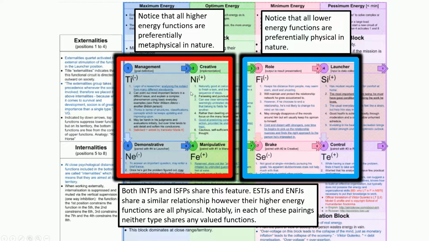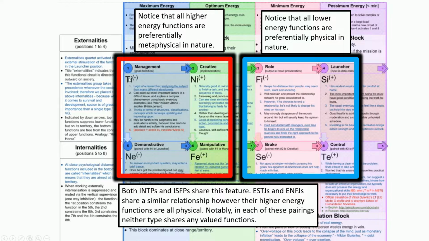And you'll notice that all of the higher energy functions of an INTP are naturally in the metaphysical realm. The INTP's dominant function is metaphysical, therefore INTPs prefer using the metaphysical aspect of these functions, so they're strong. Their natural realm is metaphysical, the same as the INTP's preferred realm.